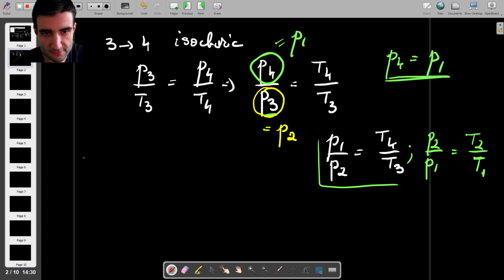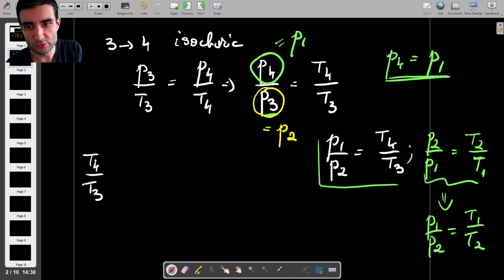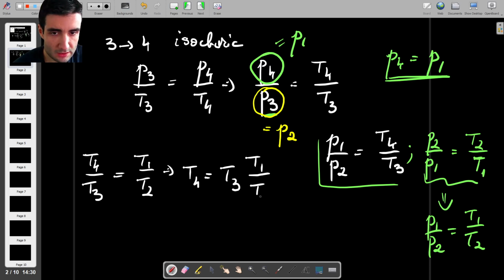P1 over P2 is T4 over T3, but P1 over P2 can also be written using this. If we flip both fractions, it is T1 over T2. So T4 over T3, which is P1 over P2, is equal to T1 over T2, which means that T4, the temperature we've been looking for, is T3 times T1 over T2.